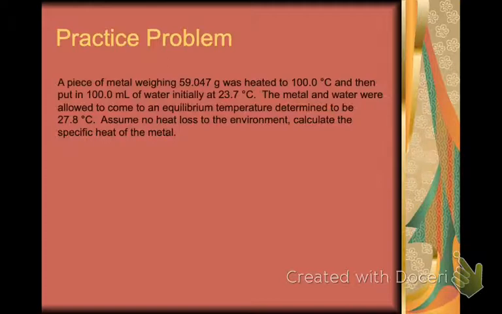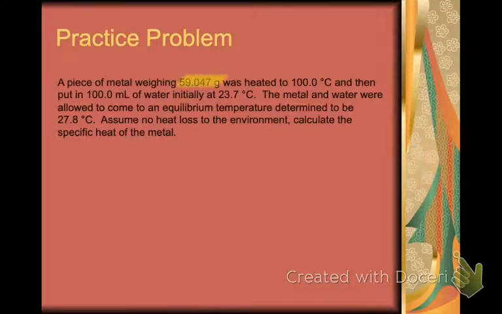Okay, so looking at this problem, again, what I want to do for you guys is read through the problem, highlight the things that are important, and then talk about what's going on in this practice problem. So in this one, it says a piece of metal. So now we're not dealing with liquids, we're dealing with a solid metal. And it has a mass of 59.047 grams.